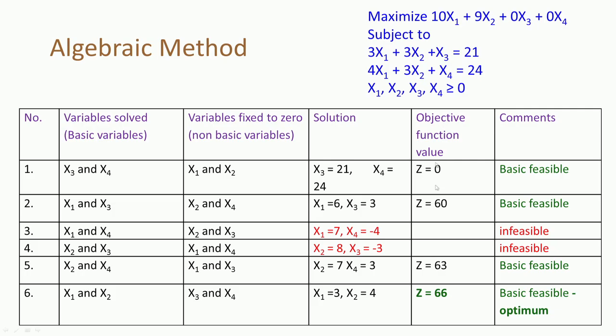So, it so happened here that we evaluated better and better solutions, but can we make it a distinct part of the algorithm? We have not made it a part of the algorithm. Can we make it a part of the algorithm?